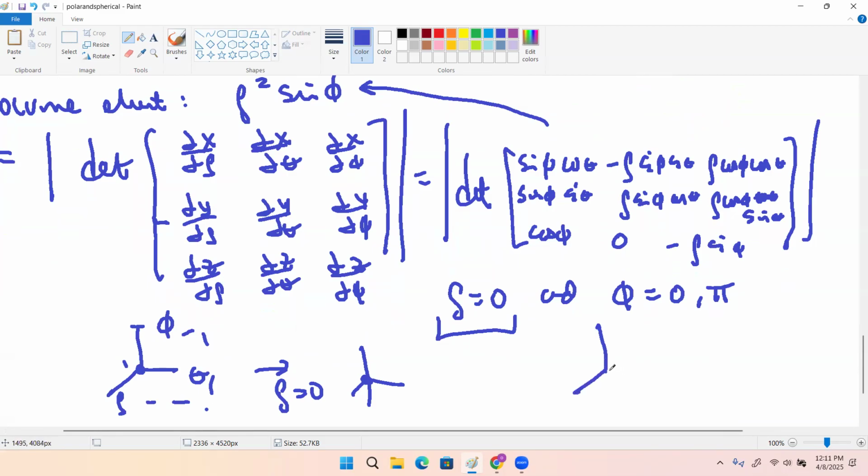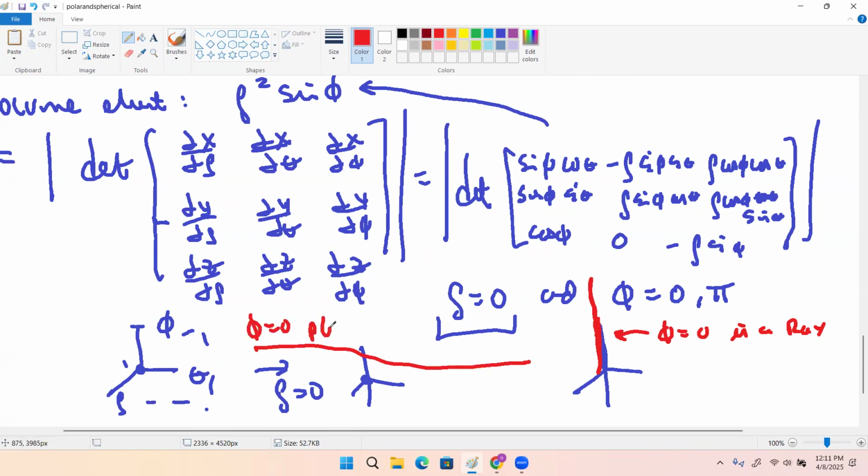Well, if we take a look at our spherical coordinates as viewed in space, the phi equals 0 is simply this ray right here. It's not a cone, but rather a ray, right? And that goes to an entire plane. So this plane gets squashed down to a segment. So it loses one dimension.